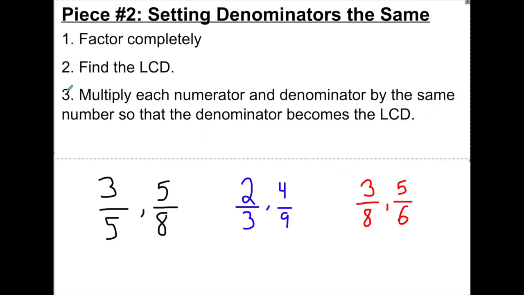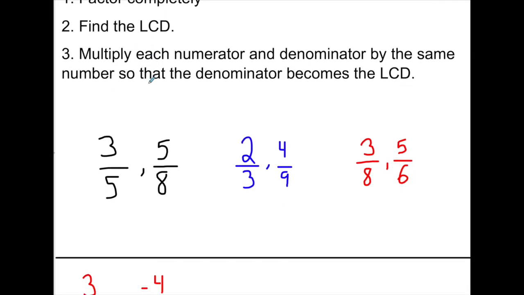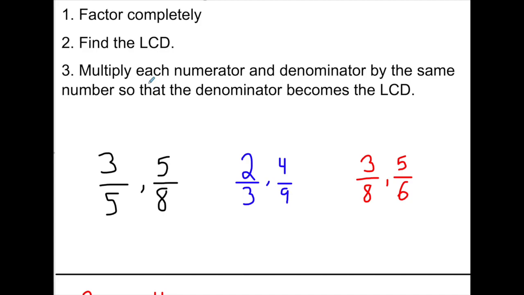Now that we have the least common denominator, we need to set the denominators the same, because you cannot add or subtract fractions unless their denominators are the same. Remember when we worked with regular fractions that had only numbers?